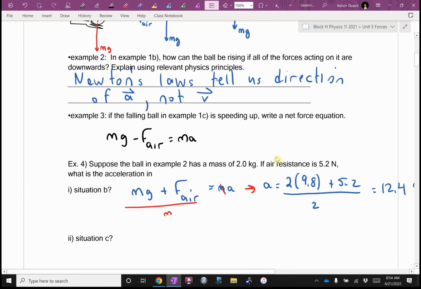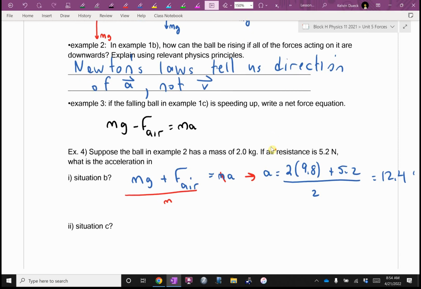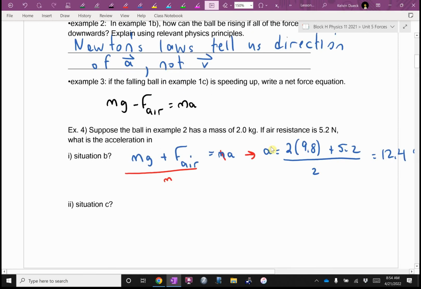Okay. Aryan, let's look at situation C. Which way are we accelerating in situation C? Good. Which way is the winning direction? Same answer. Who's winning? More specific in that picture, which force is winning? Who's losing?